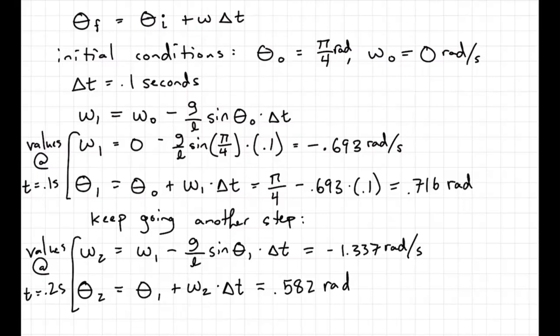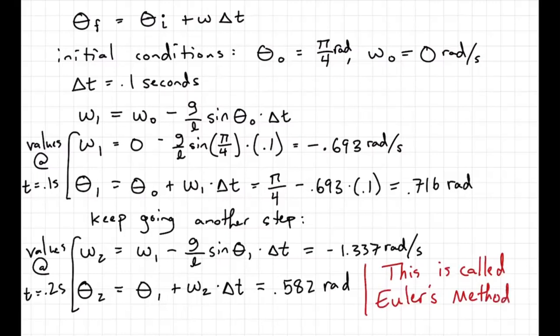One last thing, what we're doing here is called Euler's method for solving. So this is called Euler's method, and Euler is spelled E-U-L-E-R. You'll see Euler's name all over the place in math. He did a lot of stuff. And it's not necessarily the best way to solve differential equations.